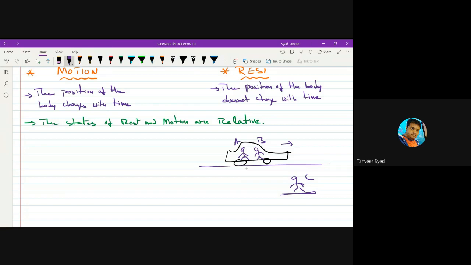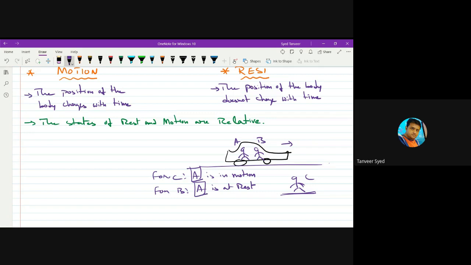For C, A is in motion. Okay. But the same A for B, person B, who is in the same car, A is at rest. A is in motion for C, but A is at rest for B.